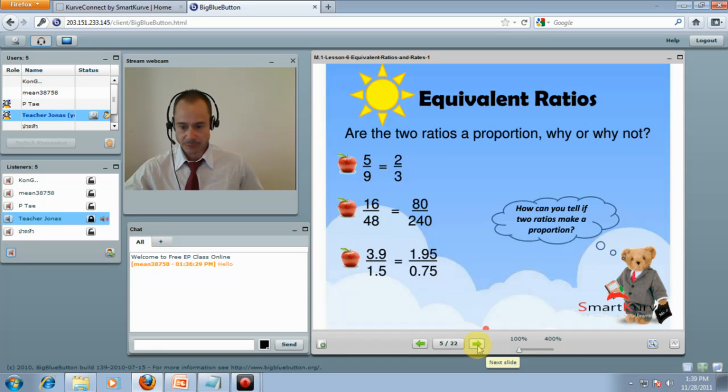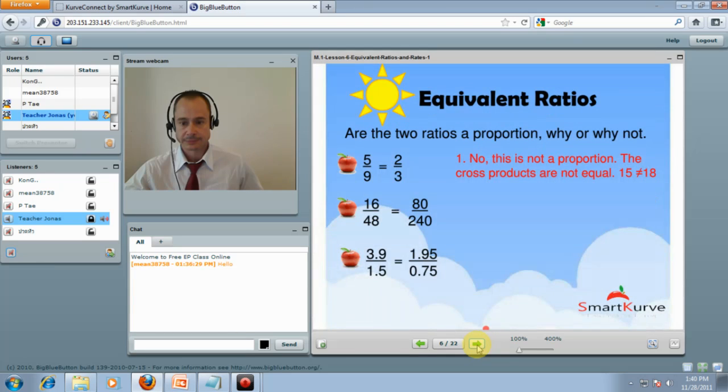Well, let's look at the answer. No, this is not a proportion because the cross products are not equal. 5 times 3 is 15, and 9 times 2 is 18, and that is not equal. That is why this is not a proportion.